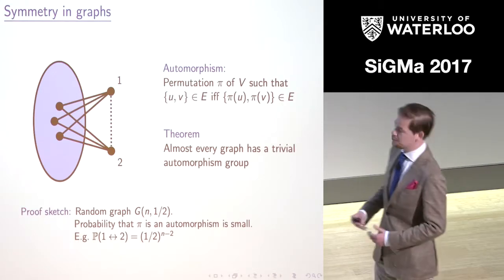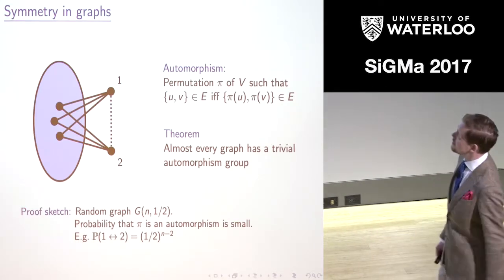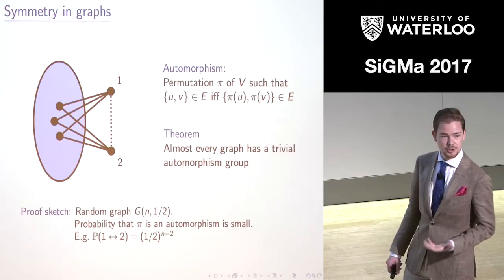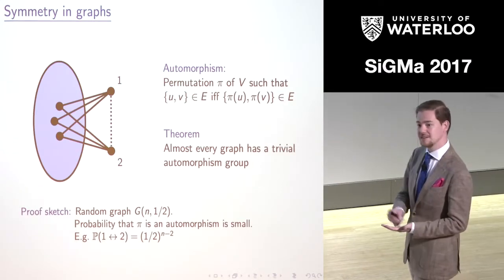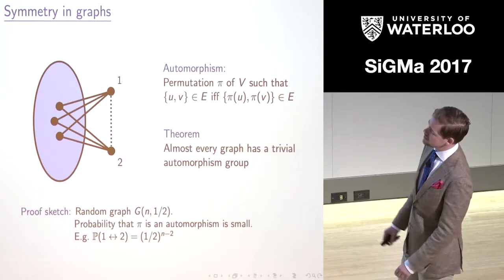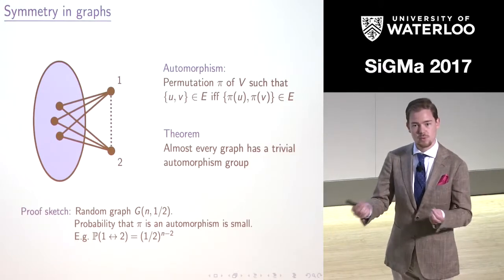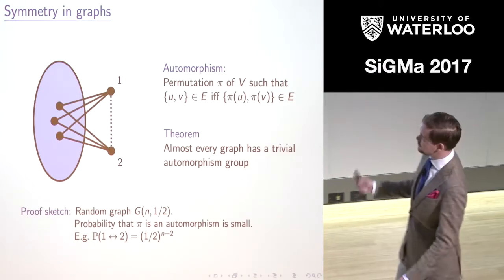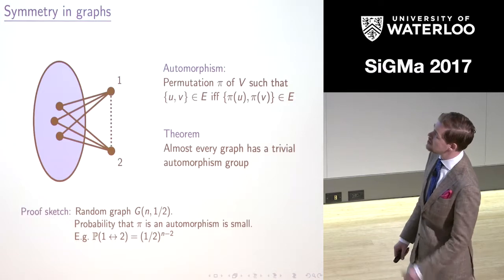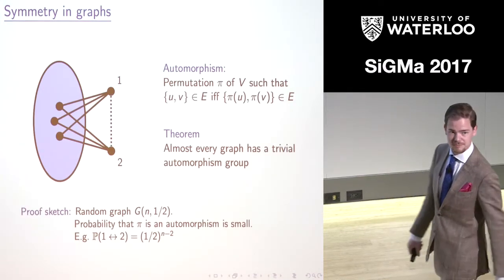So suppose that we have a random graph where every edge is present with probability 1/2. Then for any possible automorphism, you can look at the probability that this automorphism is actually an automorphism of the graph. So for example, the probability that the automorphism swapping 1 and 2 is actually an automorphism in this graph. Well, look at the neighbors of this vertex 1 in the graph on top.